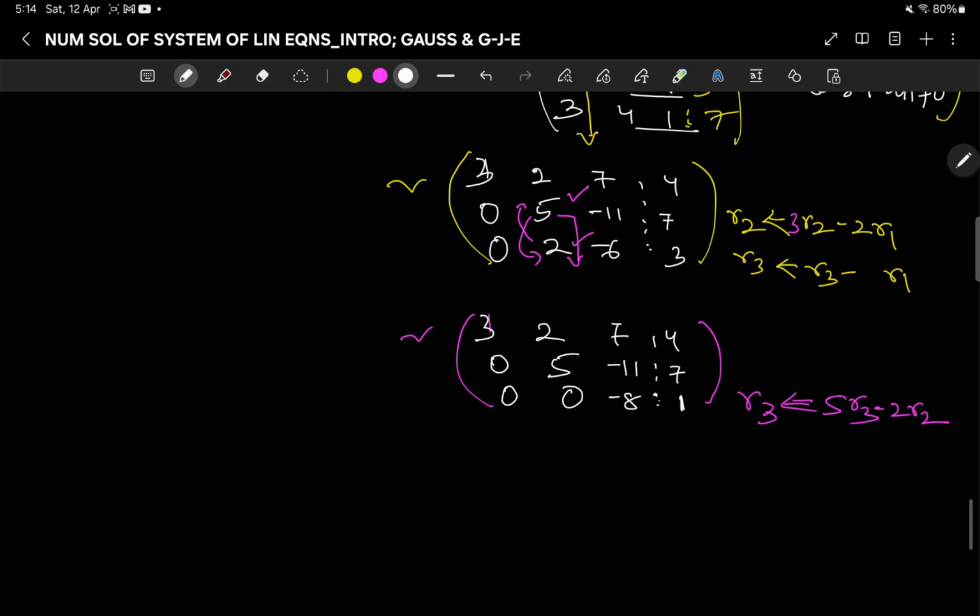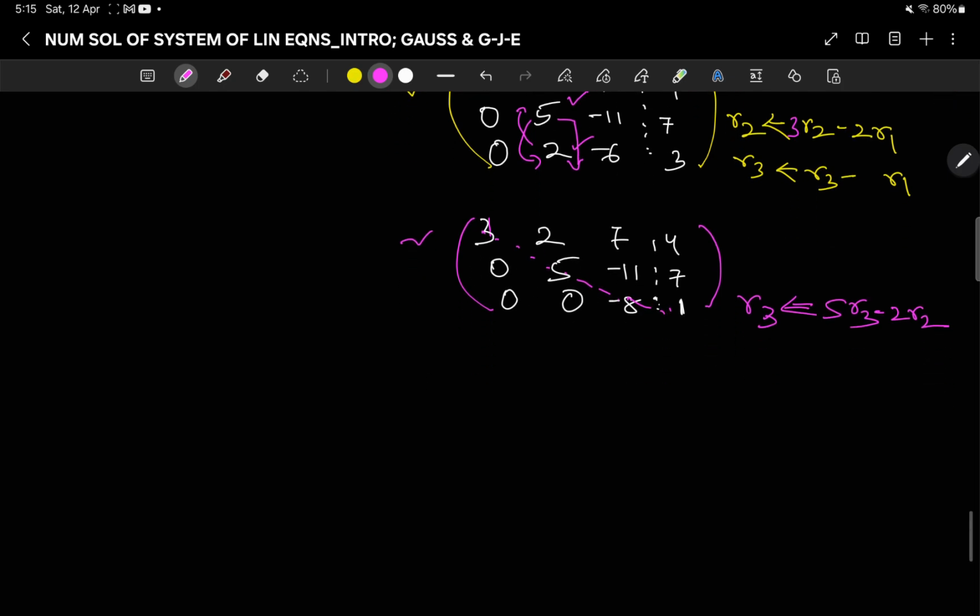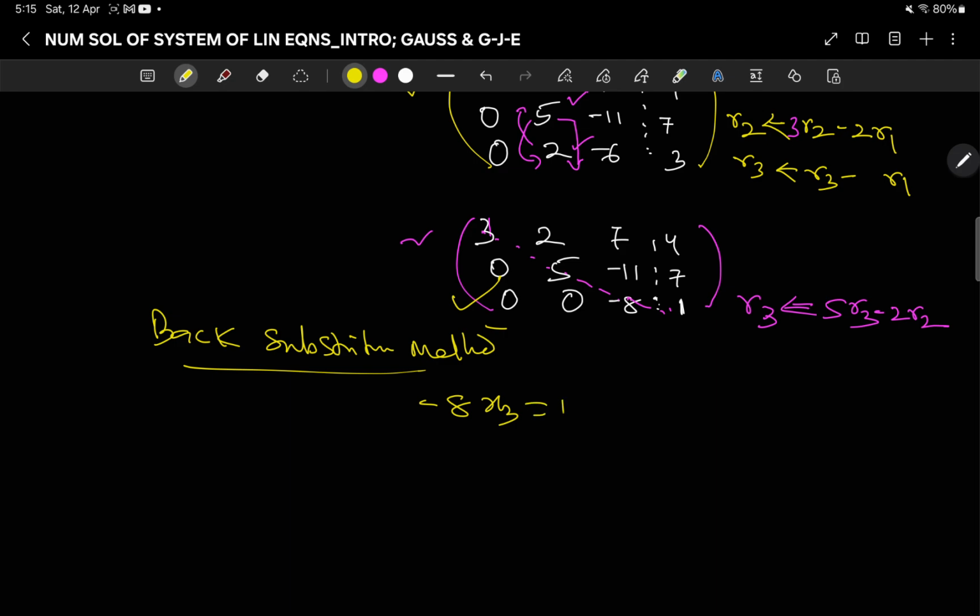So now we are at the reduced system. It is now an upper triangular matrix, isn't it? Now come to back substitution. Back substitution method we are using. From the last row we have minus 8x3 is equal to 1.